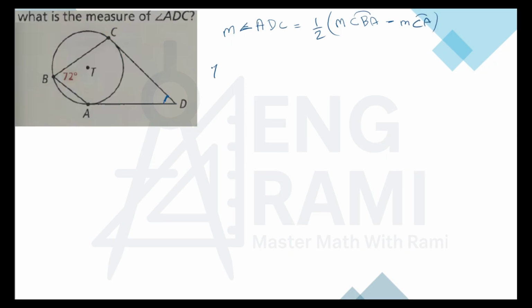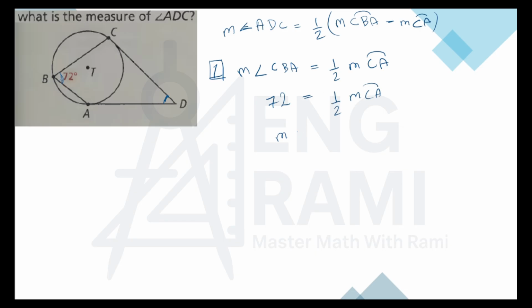We are just given the inscribed angle, which is 72. The measure of the inscribed angle CBA equals half the measure of arc CA, which is the required one. This is 72, and this is half the measure of CA.